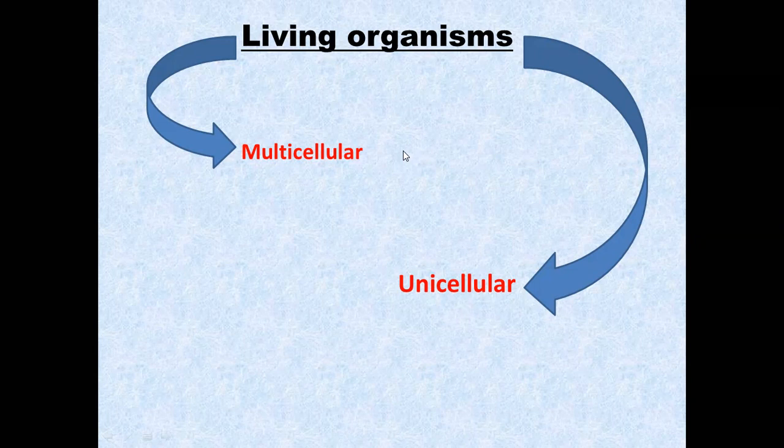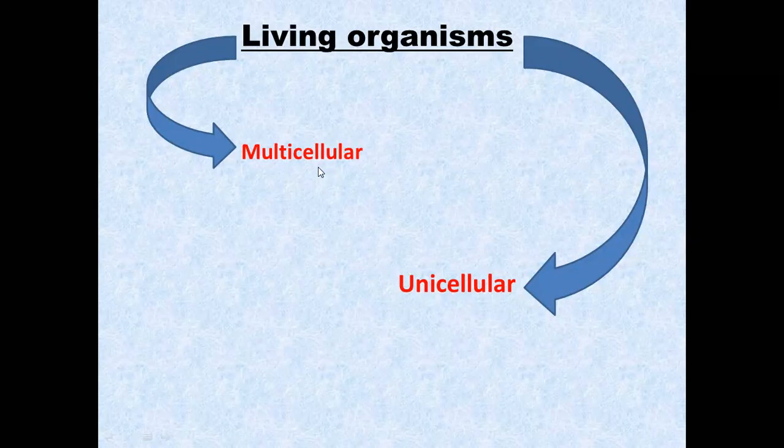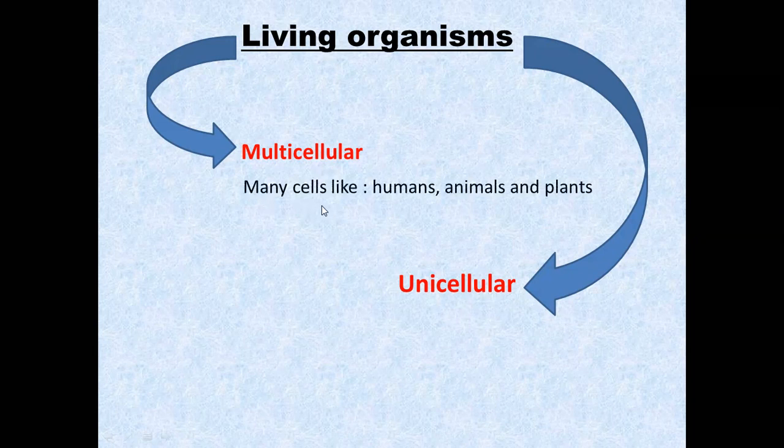We have six systems, and each system has organs, and each organ has tissues, and each tissue has millions of cells. So sure, we are multicellular as we have many cells in our body.